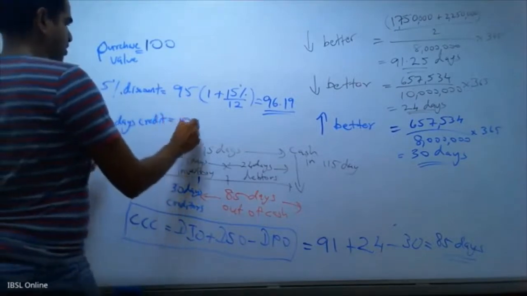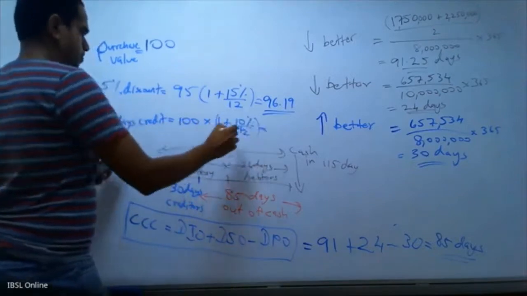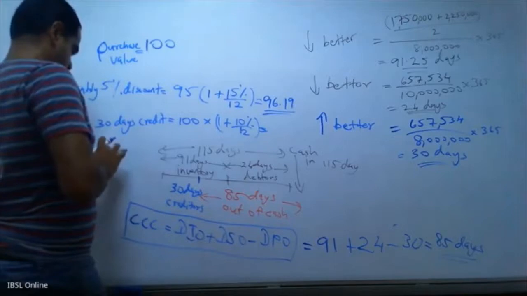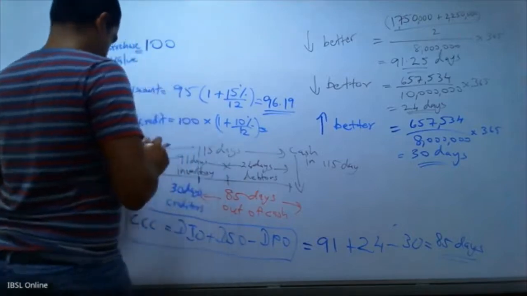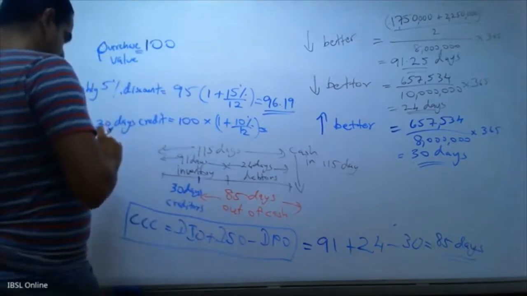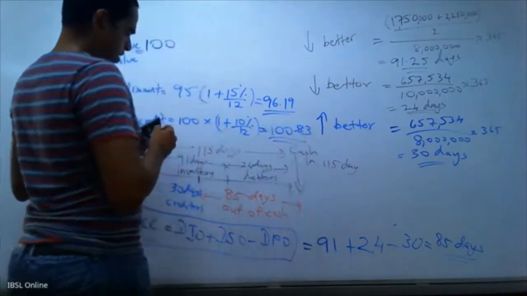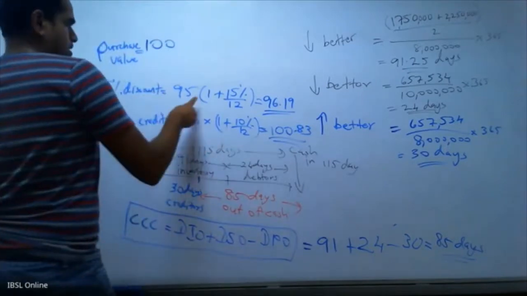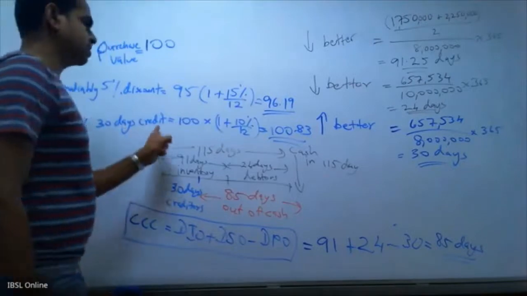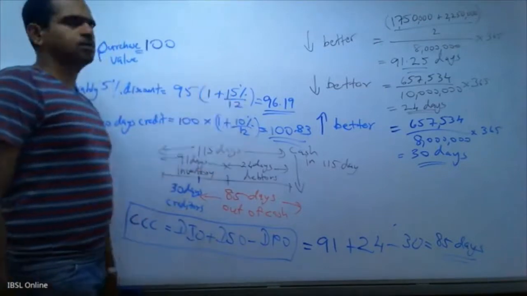But on $100, if he charges 10% interest, it's 100.83. So if you are in charge of purchasing, the 5% discount option will give you the lowest cost, 96.19. Whereas if you go for 30 days credit, it will cost you 100.83. And so you have to then recommend going for the 5% discount.